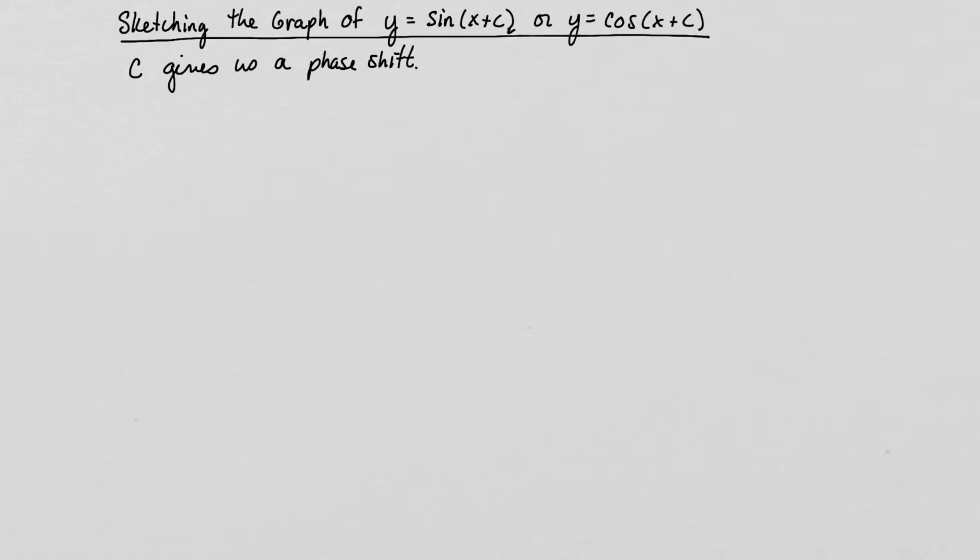Now, because of that and the way that these problems are, we actually think of it as y equals the sine of x minus c, and y equals the cosine of x minus c. So we're always going to turn it into a minus, and then our phase shift is going to be c over b.